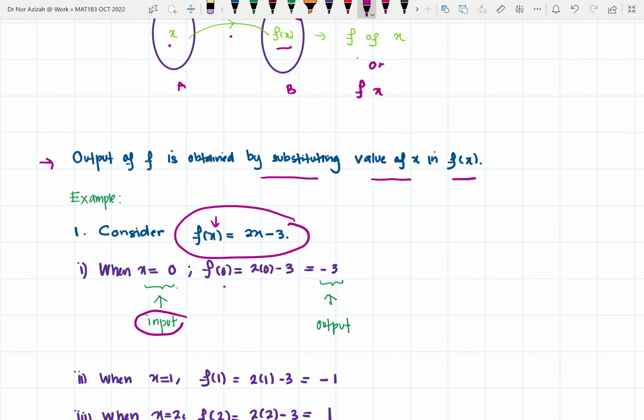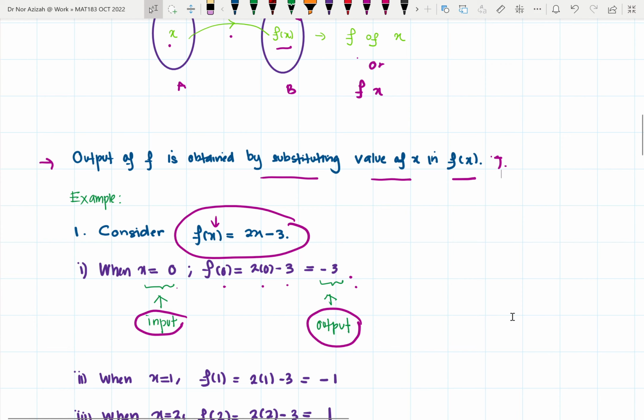So 2 times 0 minus 3, the answer is negative 3. Negative 3 is called the output. This is the meaning of this sentence: the output of f is obtained by substituting the value of x in f(x).